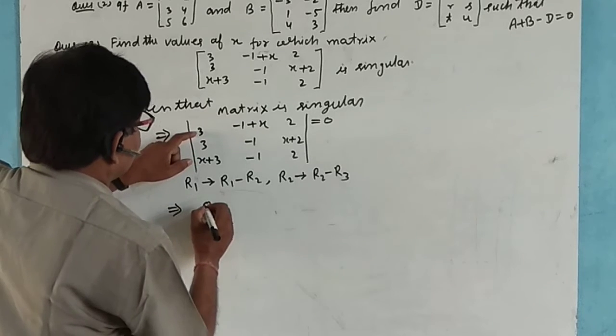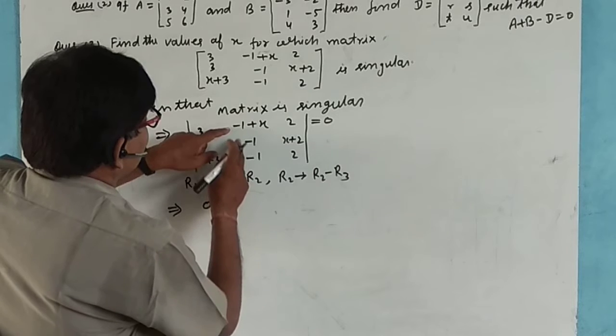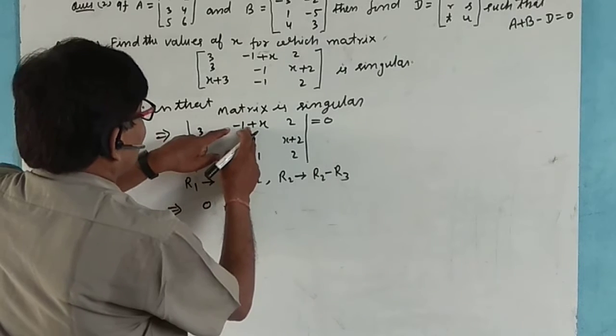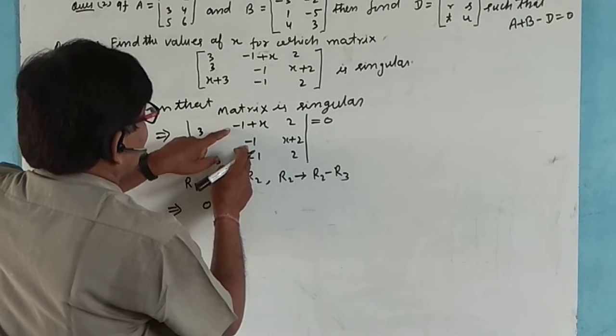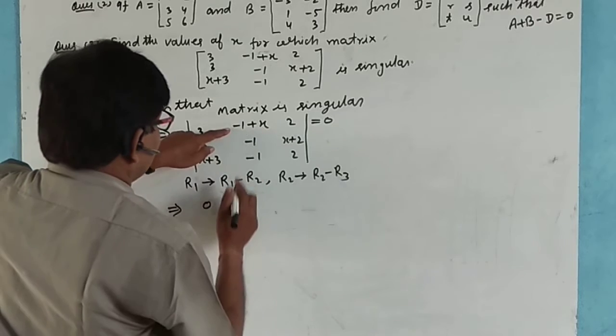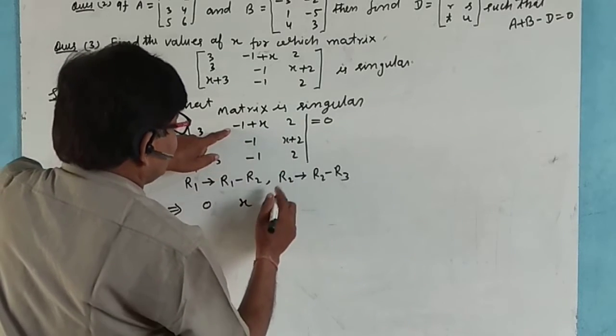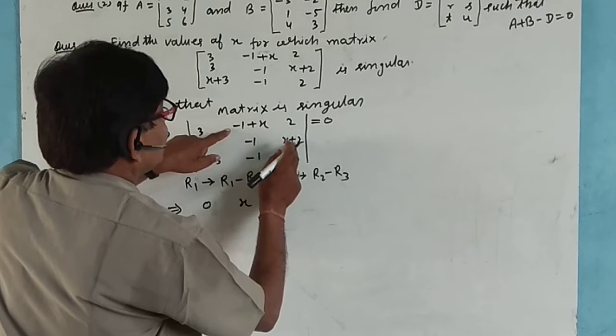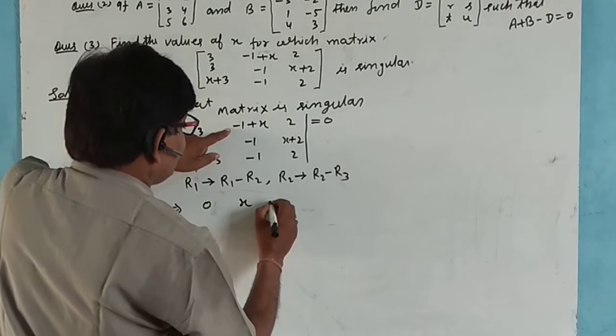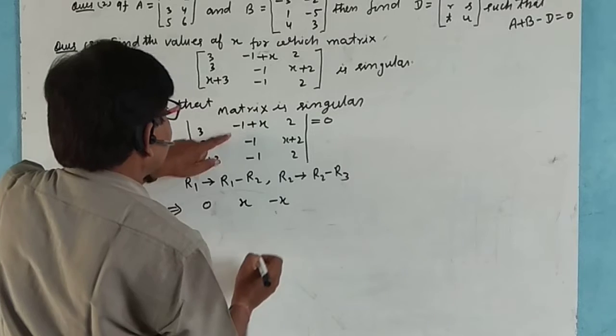This is equal to 0. This means here the plus and minus 1 cancel. This is equal to x. 2 minus this, here only 2 minus, so here only minus x.